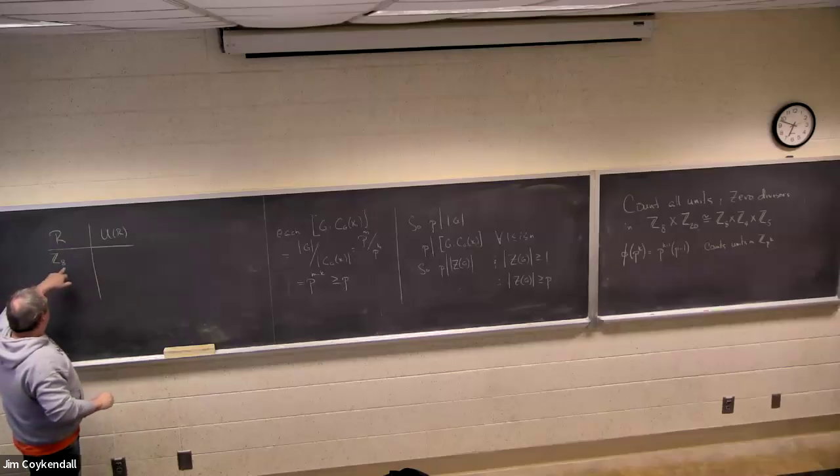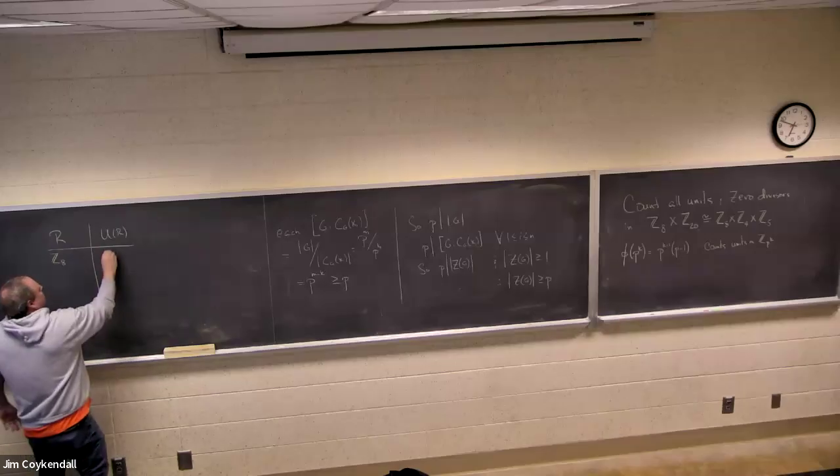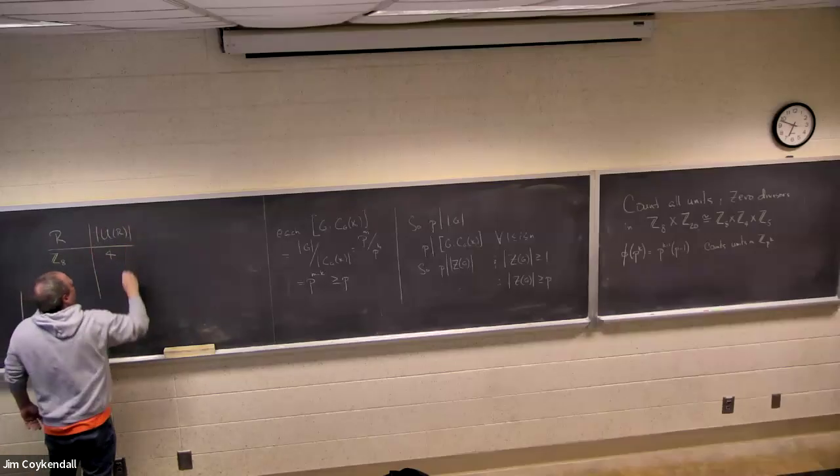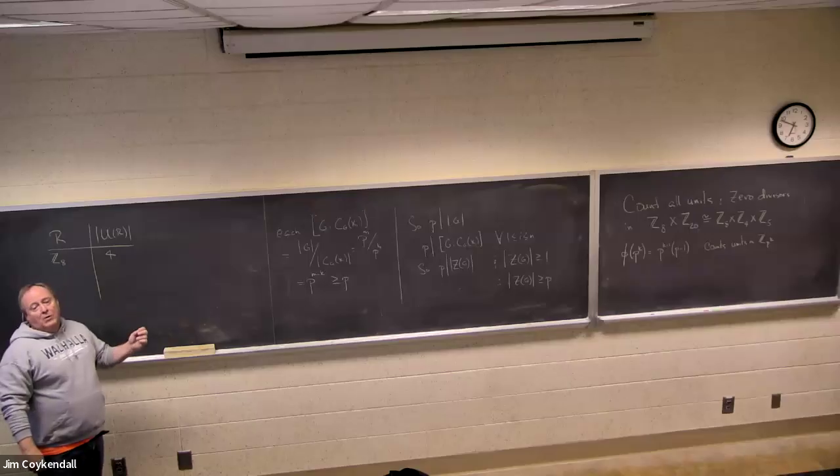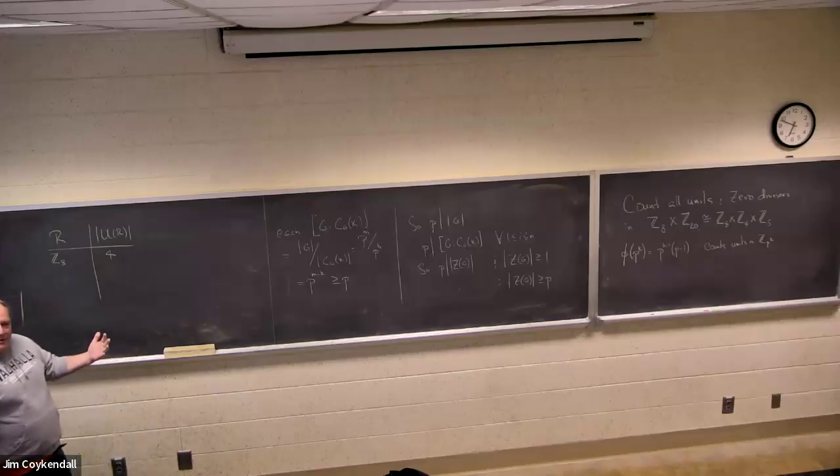So this should be 4. In fact, basically, Z8 is 0, 1, 2, 3, 4, 5, 6, 7, right?